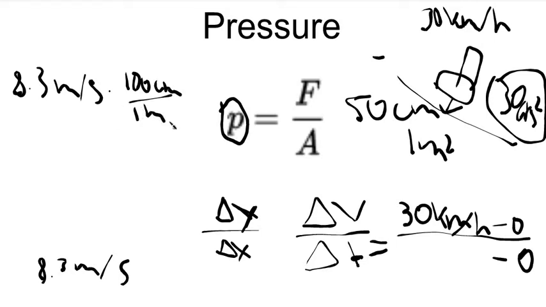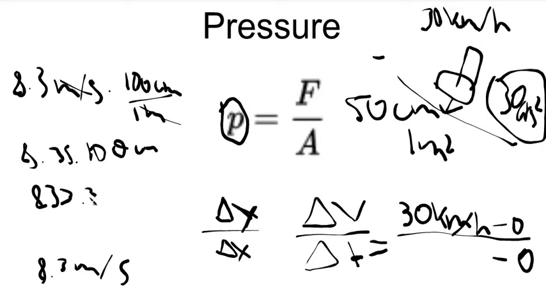And we could just cancel out the meters, which would be 8.3 multiplied by 100 centimeters per second, which would be 833.333. You just go like that. Centimeters per second.